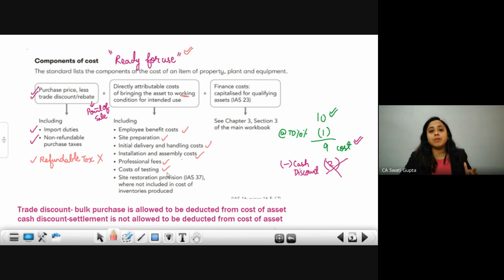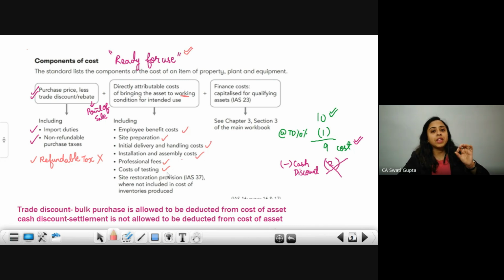Any cost of testing. Before going ahead with mass production, for example, you've installed a machine today, and the machine has a capacity to produce 1 lakh units. Will you go for mass production on day one? No. Instead, you make some trials, some experiments, and check which is the right combination, the right state, what are the right measurements.